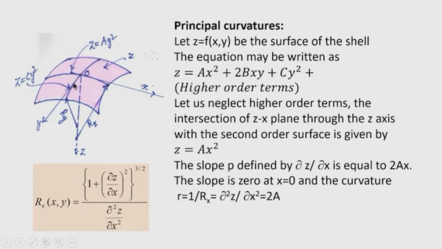So, these two curves are orthogonal here. So, the slope in the x direction is 0 at x equal to 0, at the origin. The slope is 2 a x, so if I substitute x equal to 0 in this equation, then del z by del x equals 0, that means p is 0.